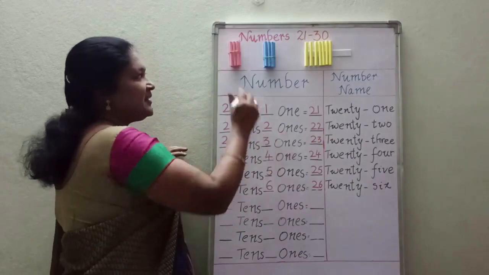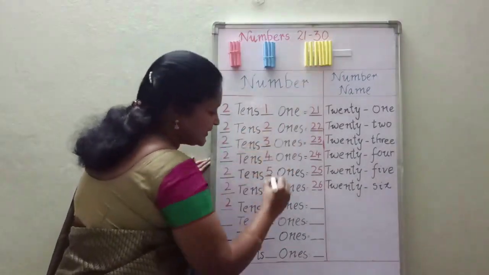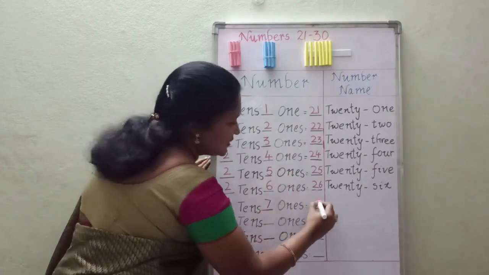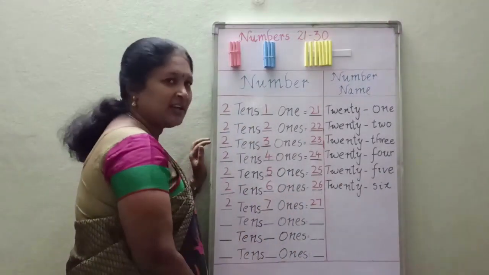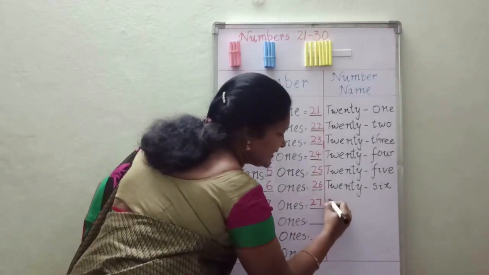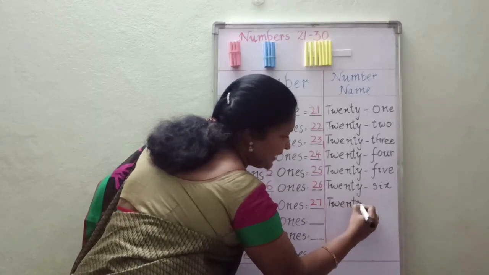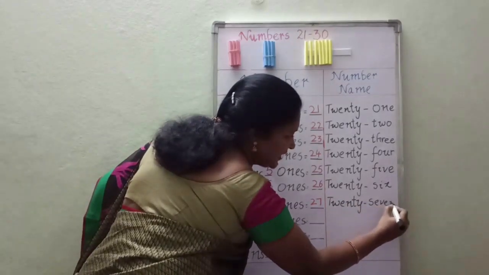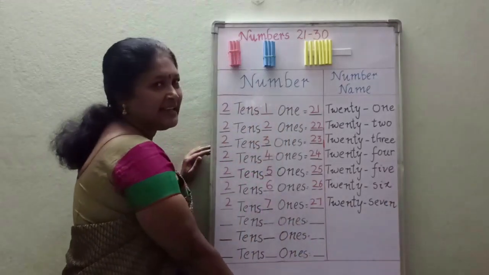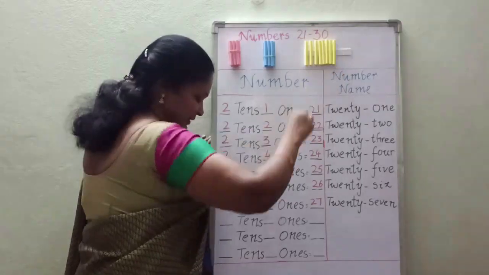And now one more I am keeping here. So now tell me, children. 2 tens. How many ones? 7 ones. So which number you will get? 27. What is the spelling of 27? TWENTY 20. SEVEN 7. 27. And now one more.